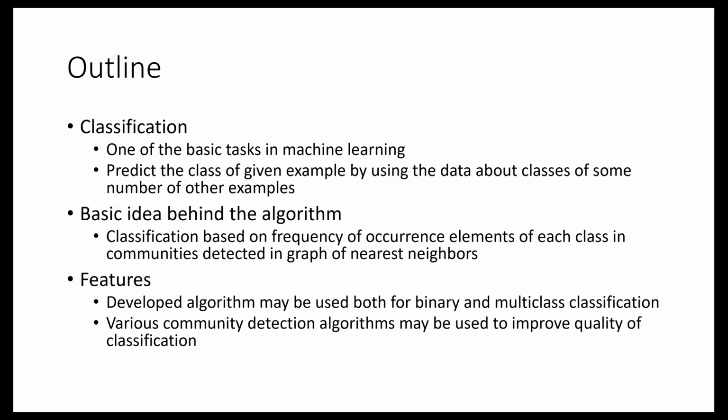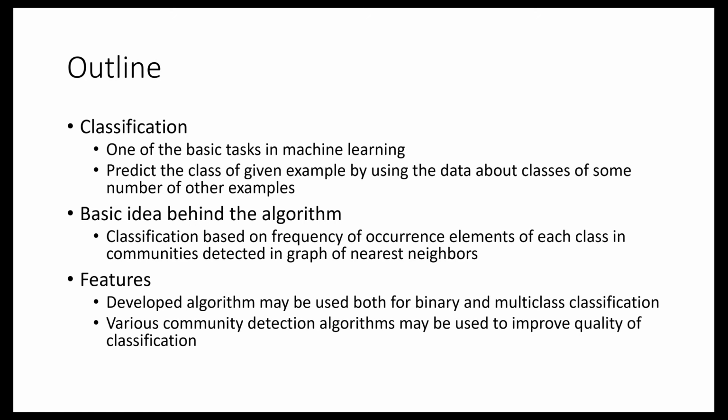I developed an algorithm which uses a graph of nearest neighbors for classification. It has the following features. It may be used both for binary classification, which is classification just between two classes, and multi-class classification, for situations where we have more than two classes.